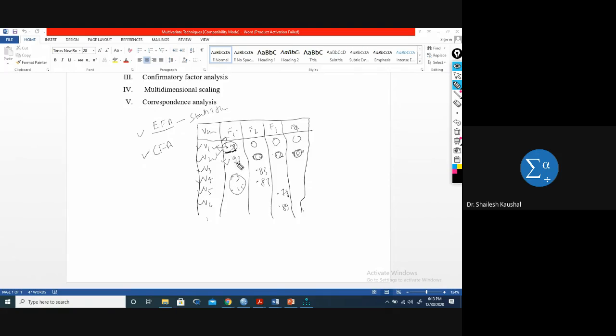The highly loading variables we retain, and the rest of the variables we do not take into our study.